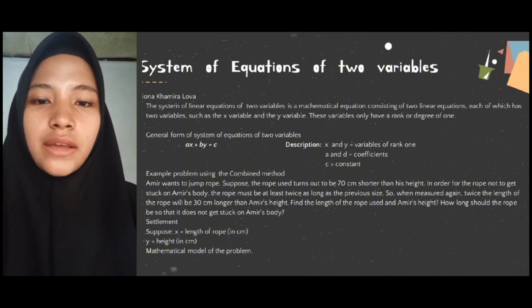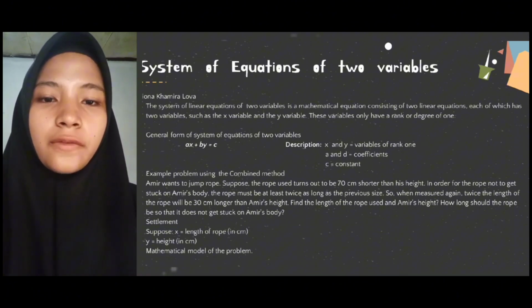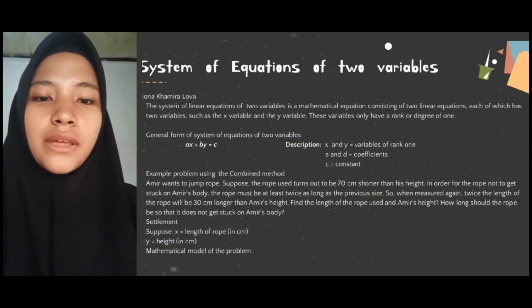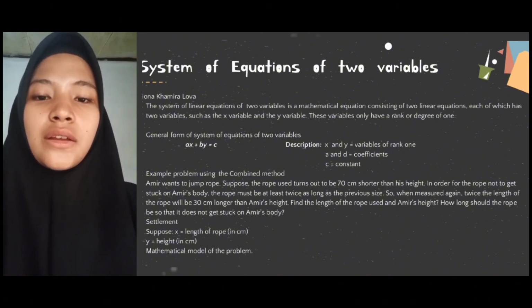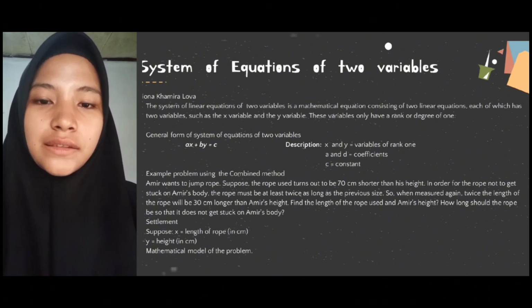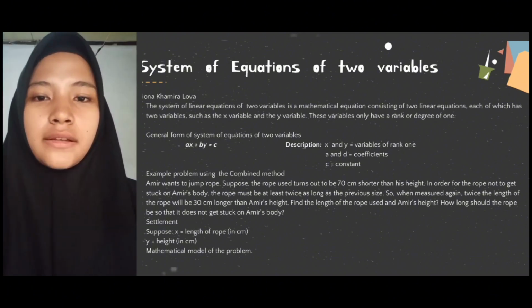So when measured again, twice the length of the rope will be 30 centimeters longer than Amir's height. Find the length of the rope used and Amir's height. How long should the rope be so that it does not get stuck on Amir's body?